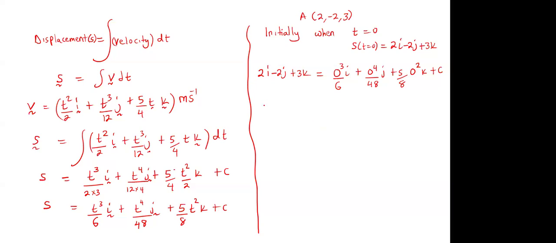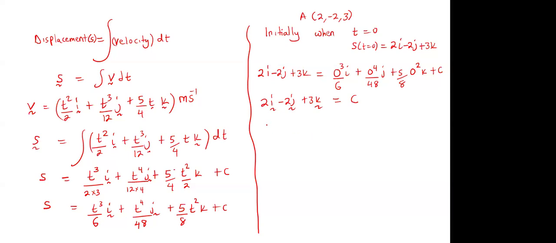Then it means that we shall remain with 2i minus 2j plus 3k equals c, because the i component will go to 0, the j component will go to 0, and this one will go to 0.